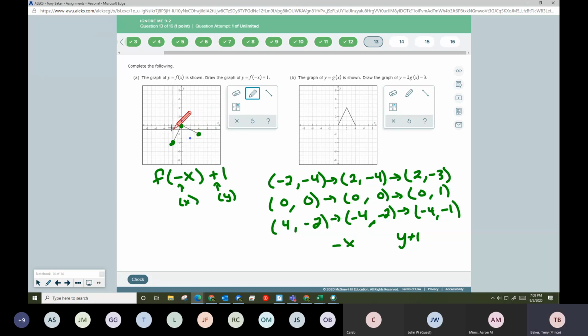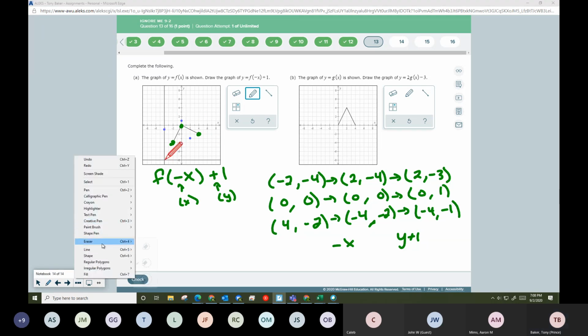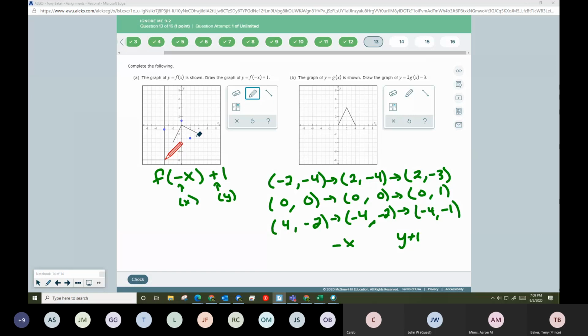And then I got -4, -1. And that's my new graph. So I changed the signs of my x's, and then I added 1 to my y's.